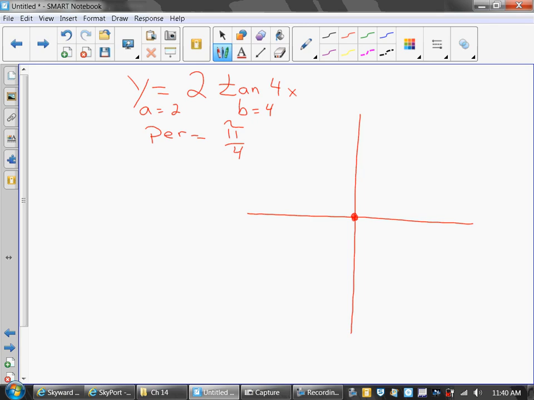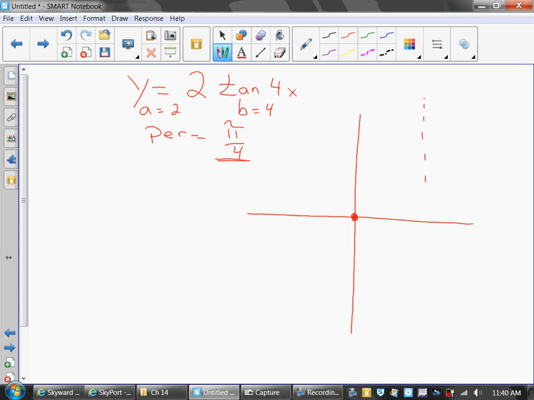Now we've got to put in the asymptotes. My asymptotes, in order to have a period of pi over 4, what I need to do is figure out a way to make this distance pi over 4. Well, what's half of a 4? An 8.